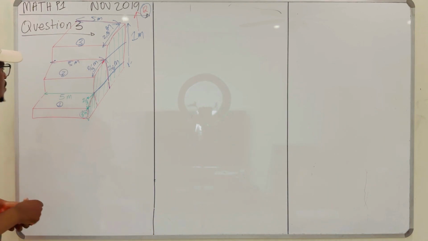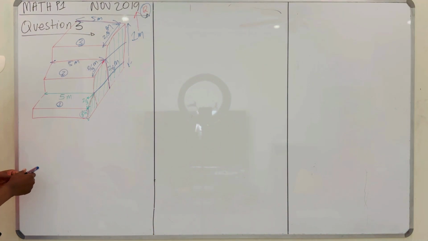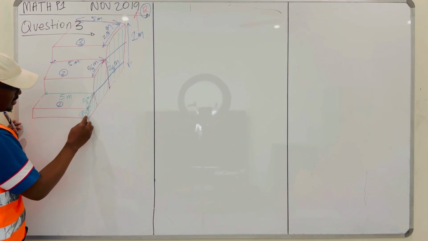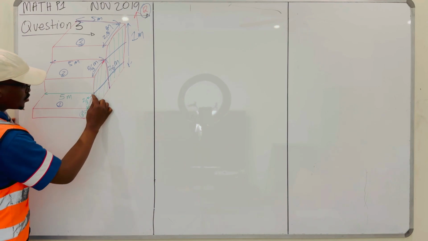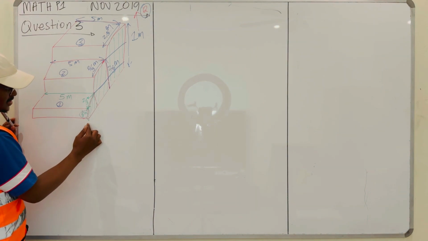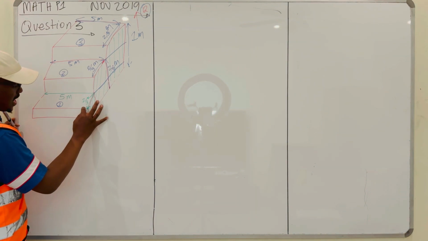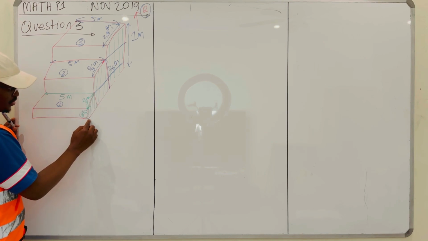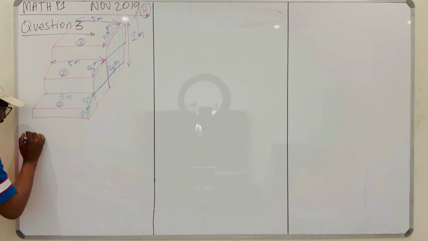Right? No problem. So, how do we find the area of this first part? If you look at this, it's a rectangle, right? It's going to be length, which is 2 over 3, times breadth. Are you with me?